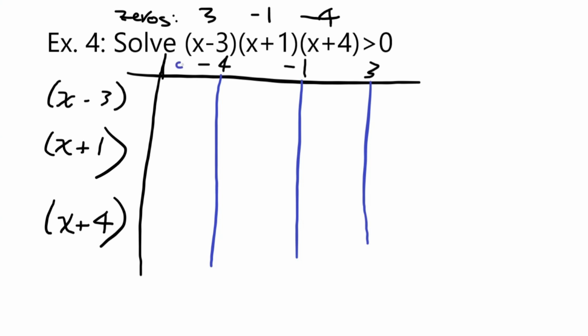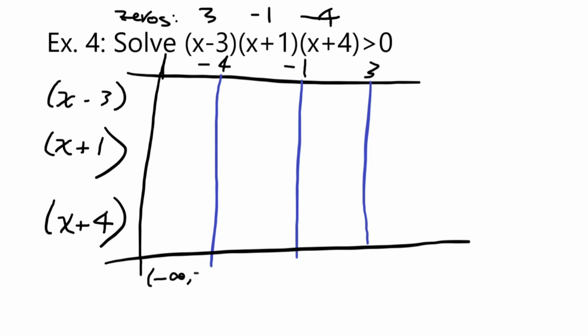So the interval here would be negative infinity is less than x, which is less than negative 4. Or another way of writing that, and I'll write that on the bottom here, would just be negative infinity, comma, negative 4, open interval, because it's a greater than, not a greater than or equal to.